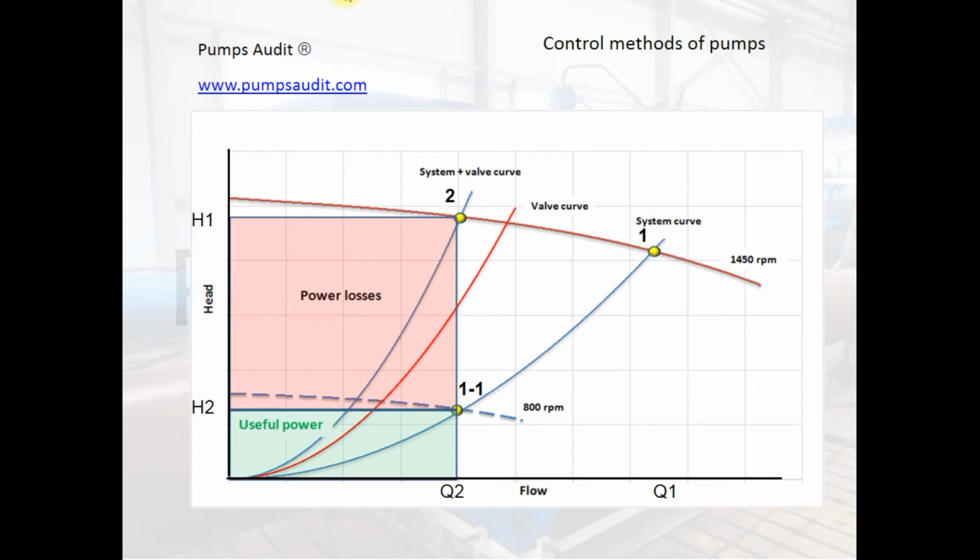If speed control is used, the pump speed decreases from 1450 rpm. The system curve intersects the pump curve at the speed 800 rpm at Q2 and H2. We see that the pump is operating at speed 800 rpm, but without energy losses.